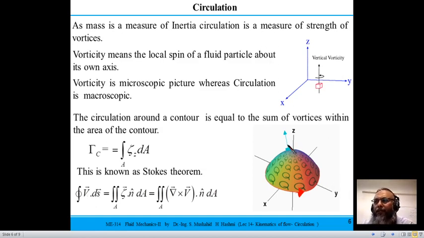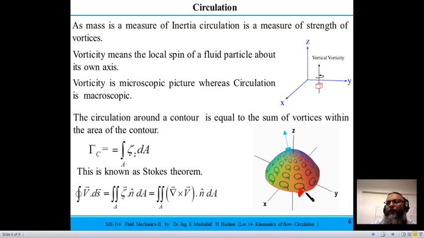So you can think of there is a closed region, and the circulation has some direction. Let's say in this particular case it is anti-clockwise. When you calculate this integral, you will be able to calculate circulation.